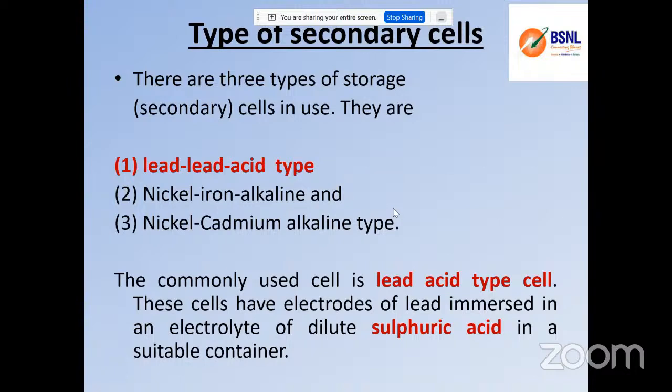But in general, these are the 3 types of secondary cells, or batteries, available in our industries. Number 1 is lead acid battery. Number 2 is nickel iron alkaline batteries. Number 3 is nickel cadmium alkaline types. But the majority of industries, especially telecom industries, are using lead acid batteries.